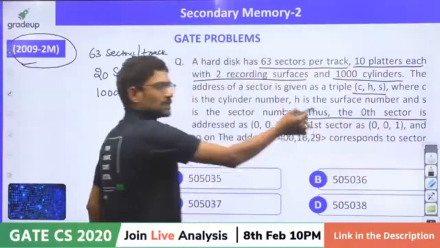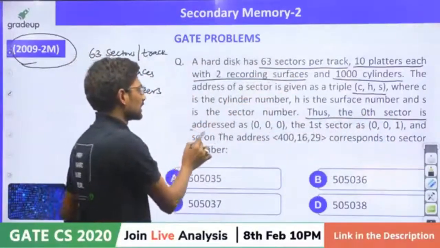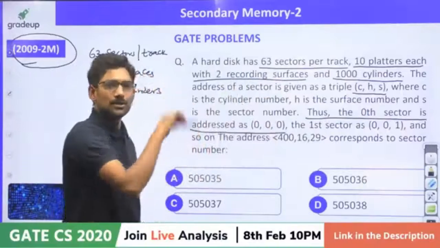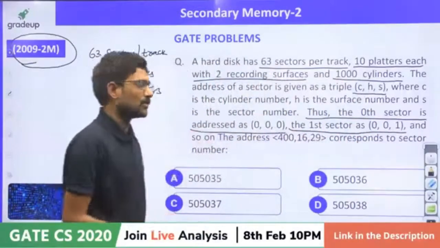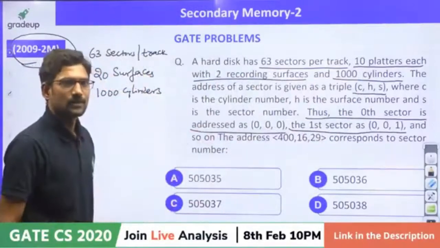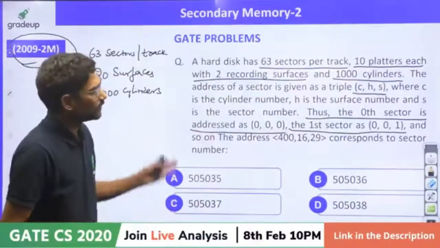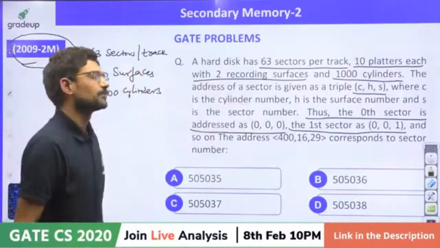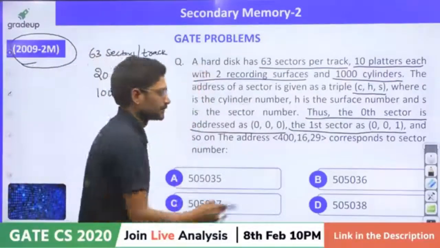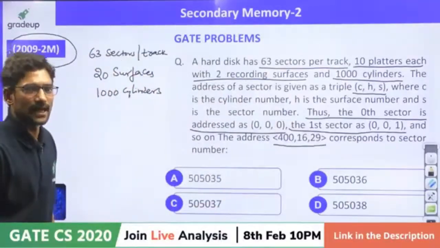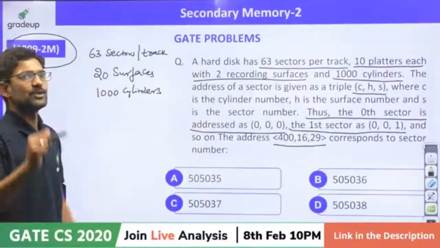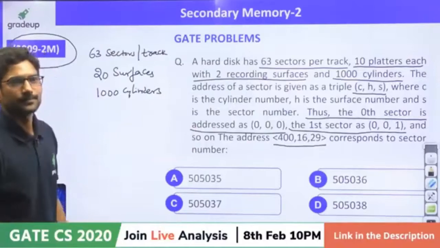Thus the 0th sector is addressed as 0, 0, 0. The first sector is addressed as 0, 0, 1 and so on. Fine. Now what is the question? The address 41629 corresponds to which sector number?